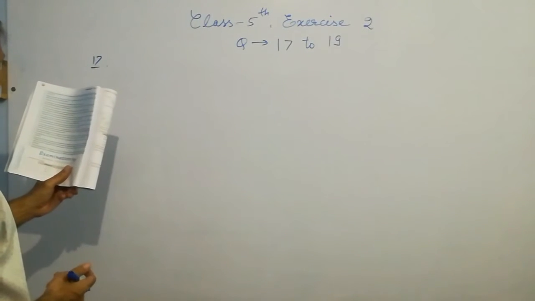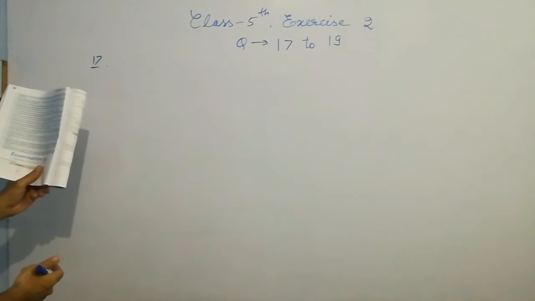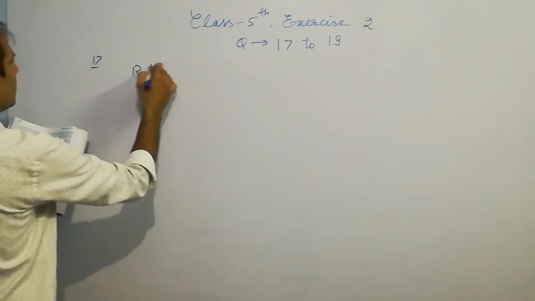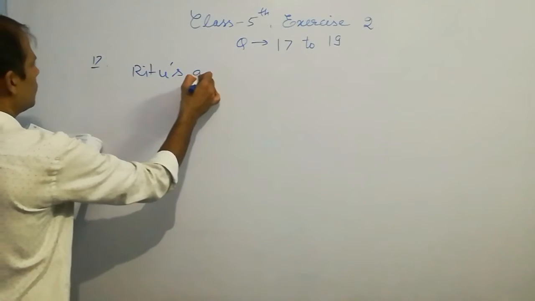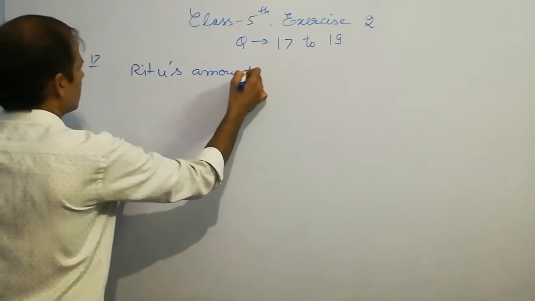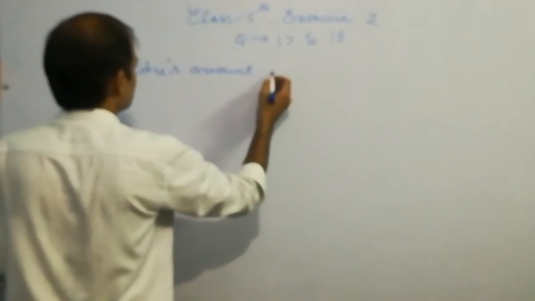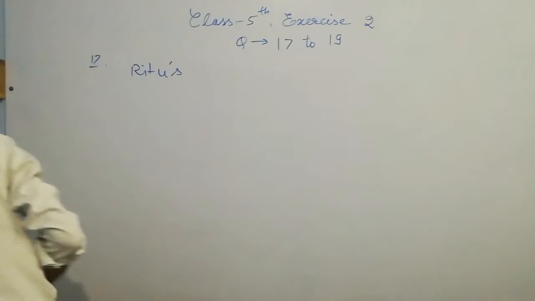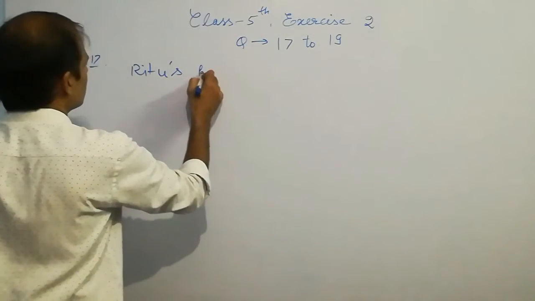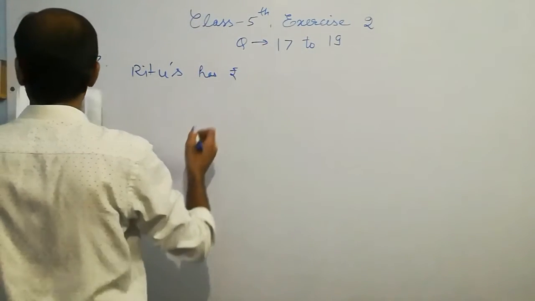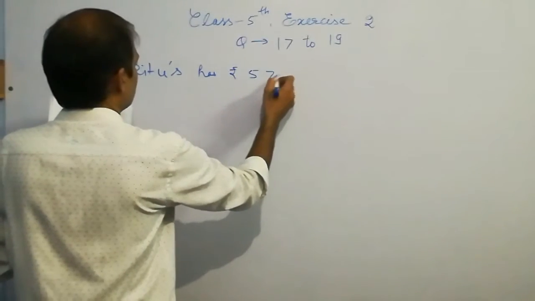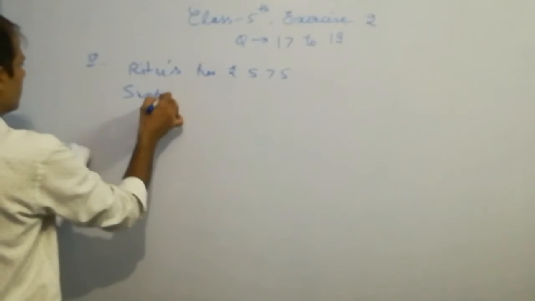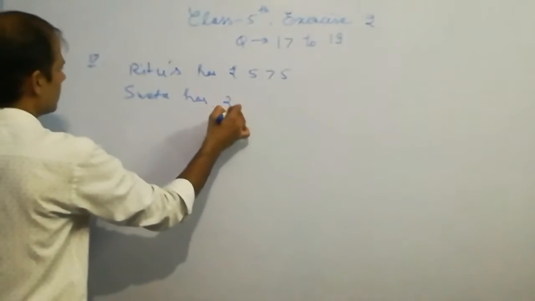Ritu has rupees 575 and Shweta has rupees.